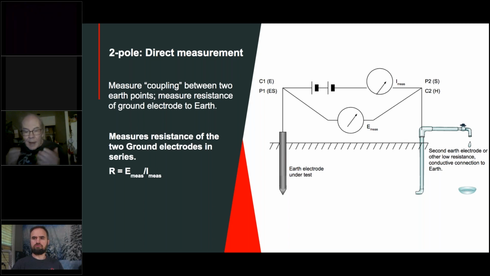This would be in Manhattan, where you have to get some kind of reading on your system to satisfy the insurance company or whomever. Your last resort is to do a 2-pole measurement. But bear in mind it's just a drop-dead technique, and it's far preferable to use other techniques which are more thorough and more reliable, which we will talk about as we move along.